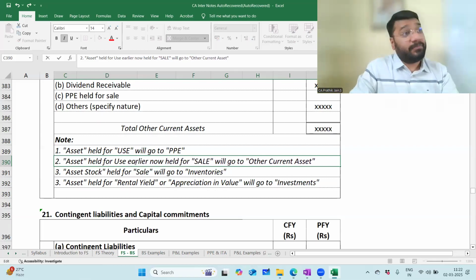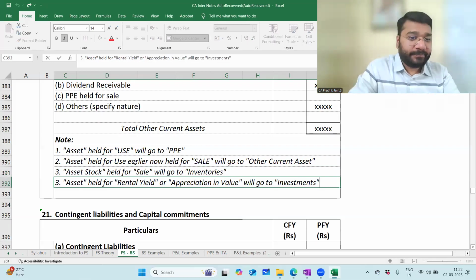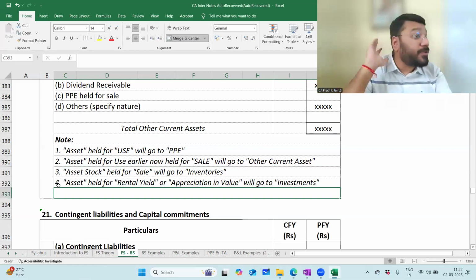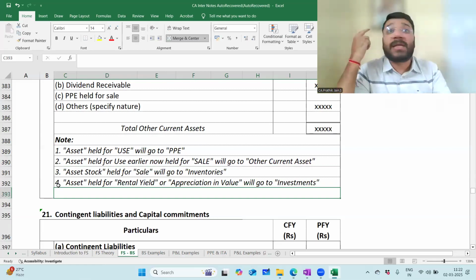Asset held for use earlier, now held for sale, will go to other current asset. So you have to understand the underlying purpose of the transaction. Depending on that, the classification has to be done.